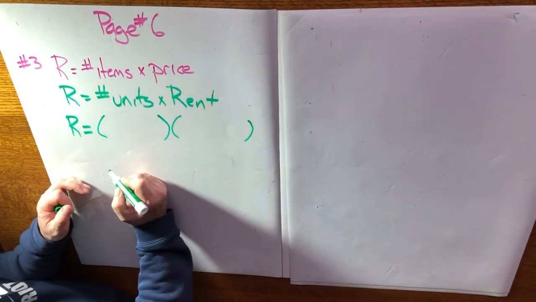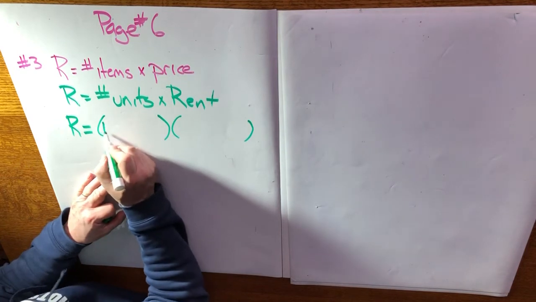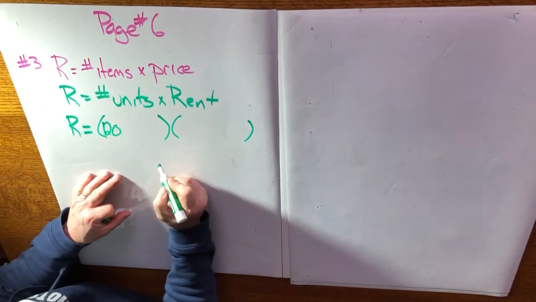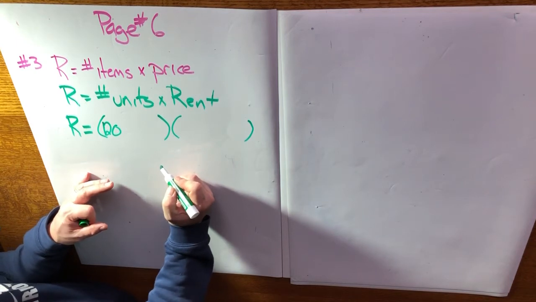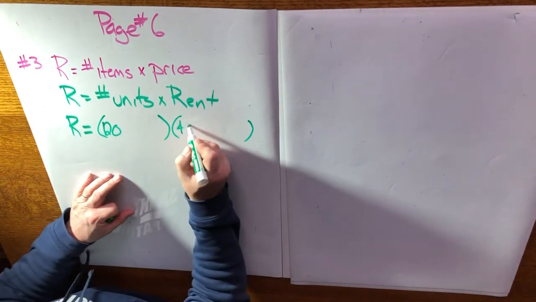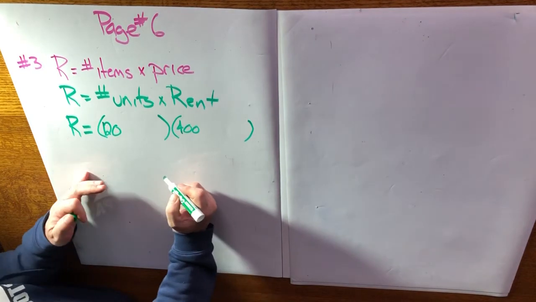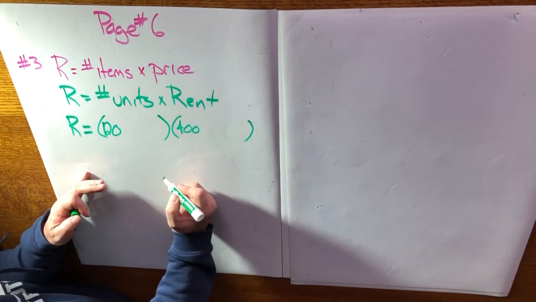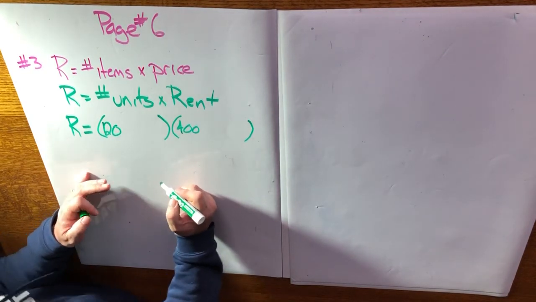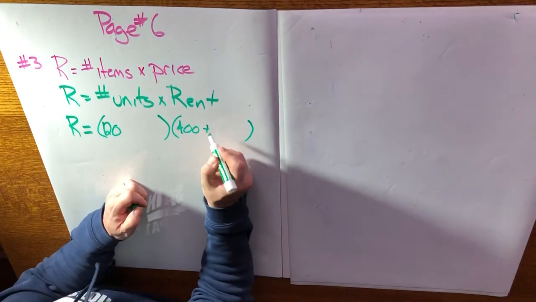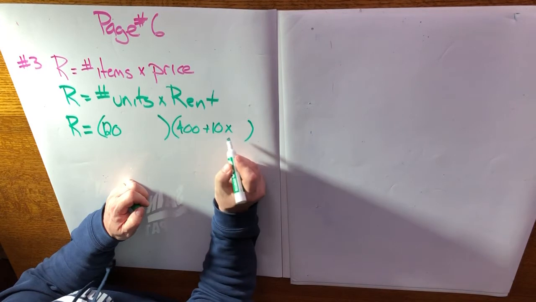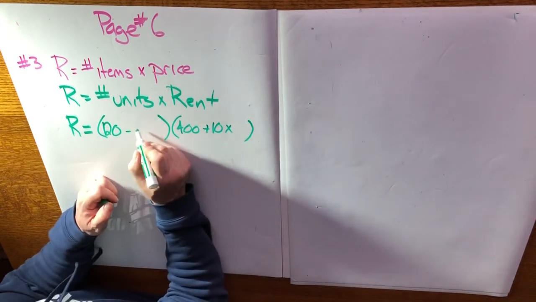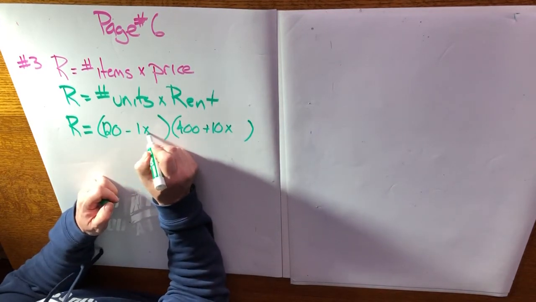So when I read this question carefully, it says there's 120 units and the current rent is $400. And they're suggesting that every time you increase the rent by multiples of 10, that's why there's an X there, multiples of 10, you will lose 1 unit.